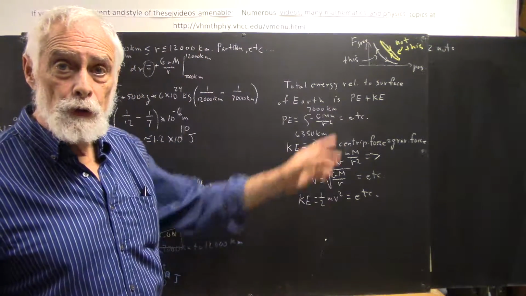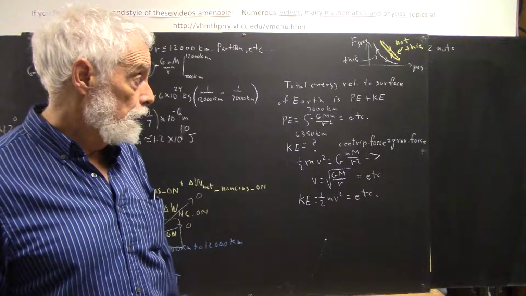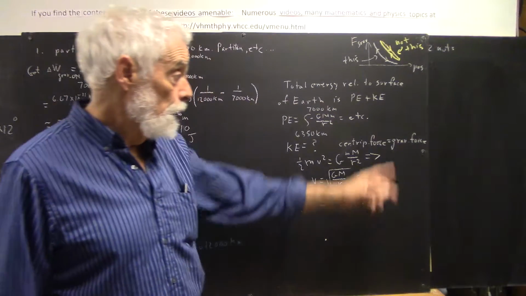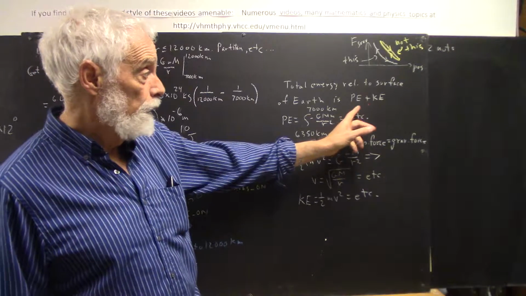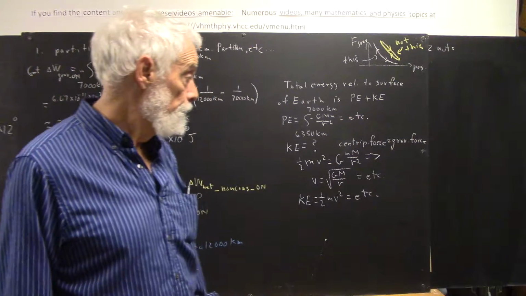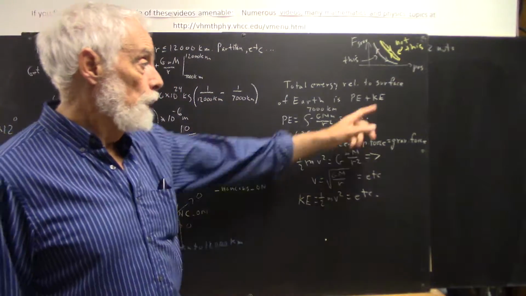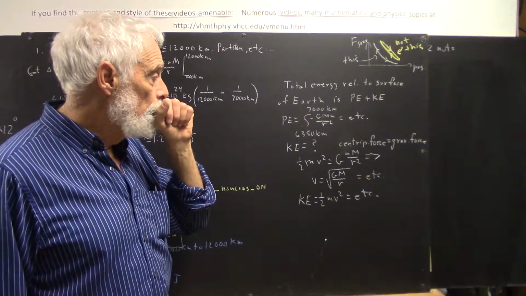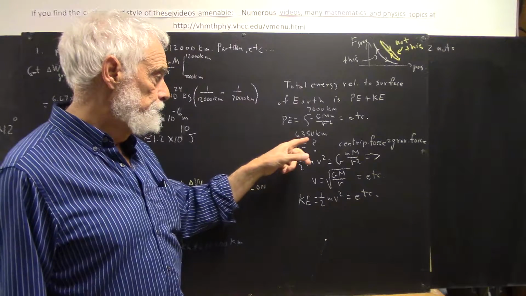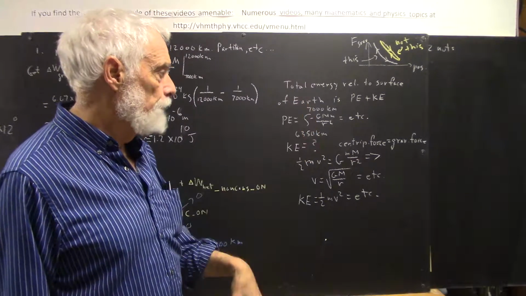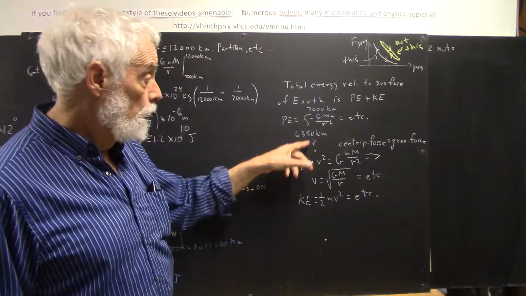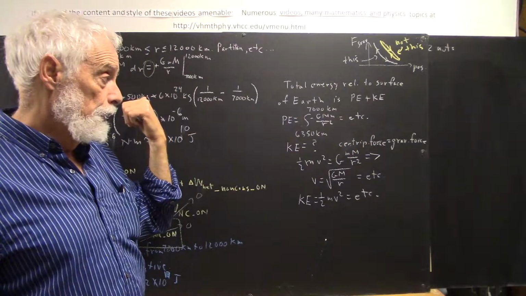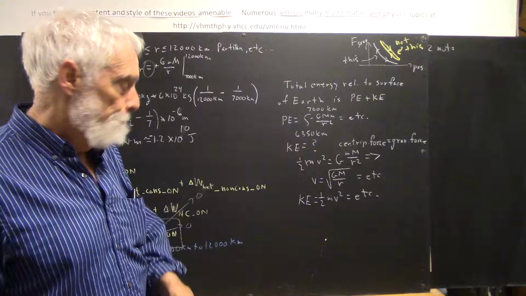Now, we want to know what the total energy of the satellite is relative to the surface of the Earth. Total energy relative to the surface of the Earth is the sum of its potential and kinetic energies. The potential energy relative to the surface of the Earth at the 7,000 kilometer position is this integral, from the surface of the Earth up to 7,000 kilometers. We evaluate that integral the same as we did this one.